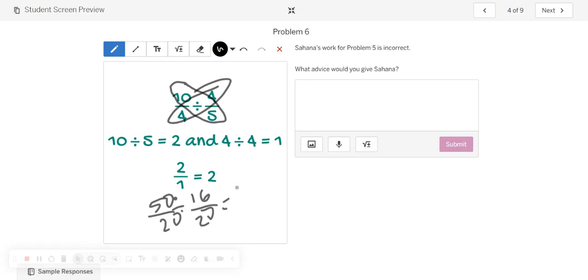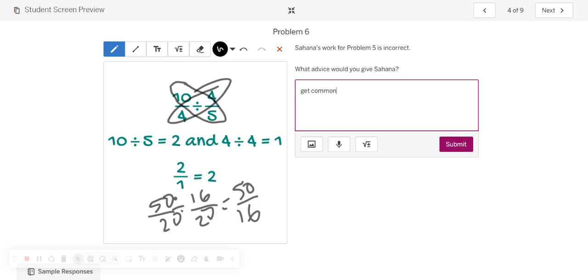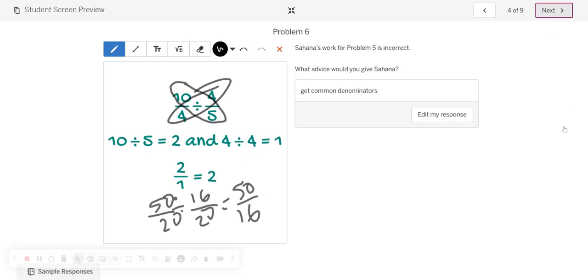And you get 50/16ths. Not 2. What advice? Get common denominators. That's my advice. Get common denominators.